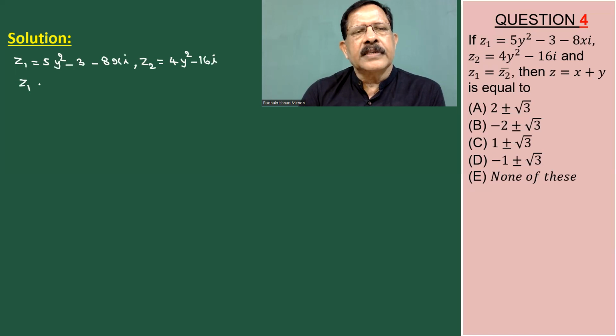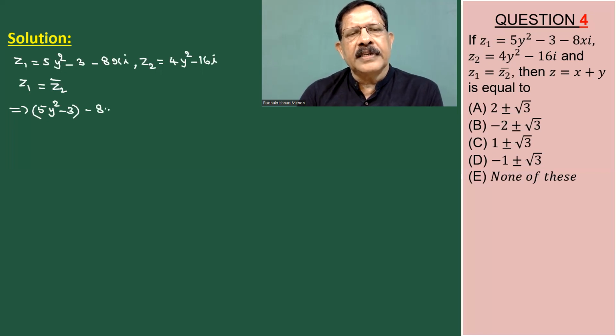Given Z1 equal to Z2 bar, which implies Z1 is 5y square minus 3 minus 8xi. Z2 bar, the conjugate of Z2, is 4y square plus 69.